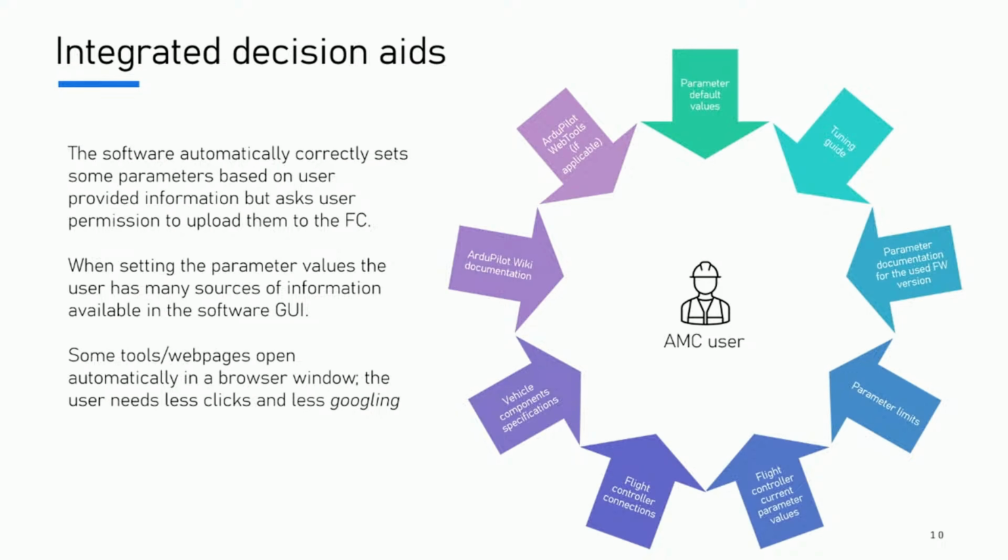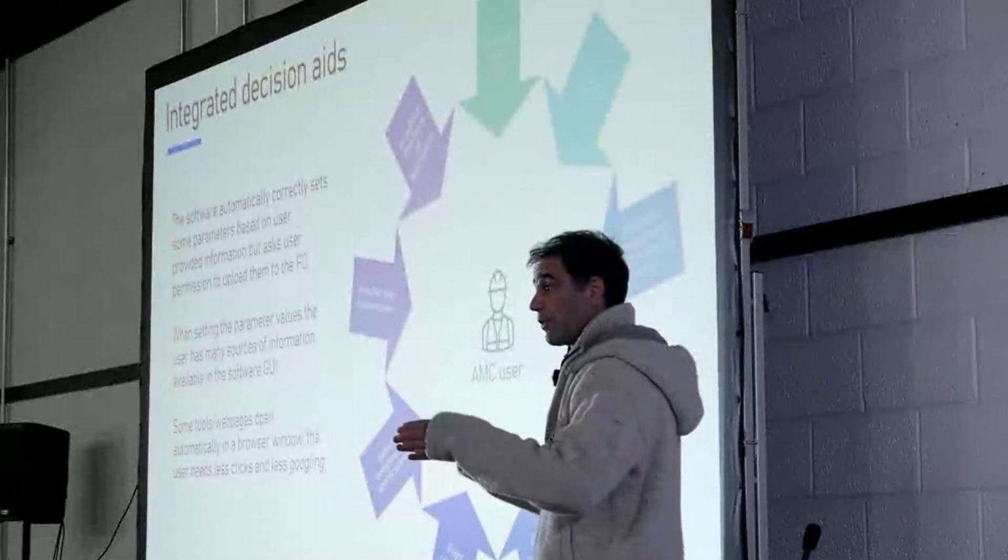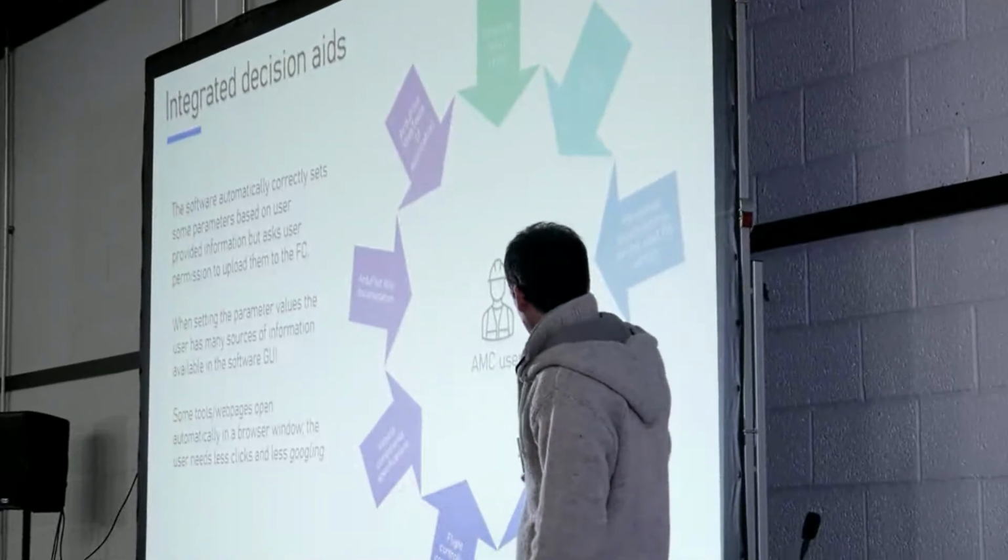The parameter limits, so the min and max recommended limits, the current parameter values on the flight controller, the connections, so they get to see if their GPS is connected to GPS 1 or GPS 2 and all that stuff. The vehicle component specifications: how big are the props? There are some components that are very important for the configuration and tuning, and that is also there.